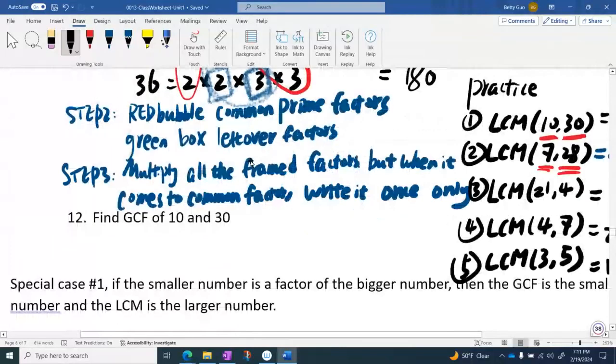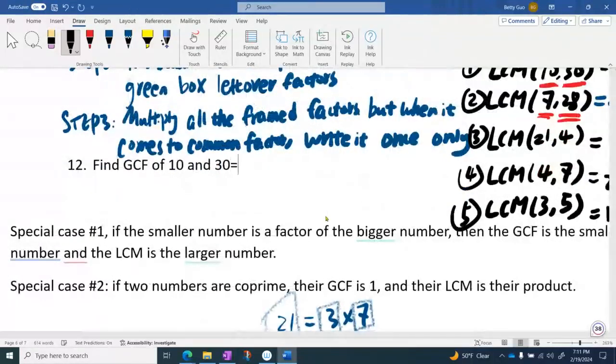What's the GCF of 10 and 30? You can tell me by seeing it, and I don't have to go back to the chat to read it. What's the GCF of 10 and 30? 10. Awesome.